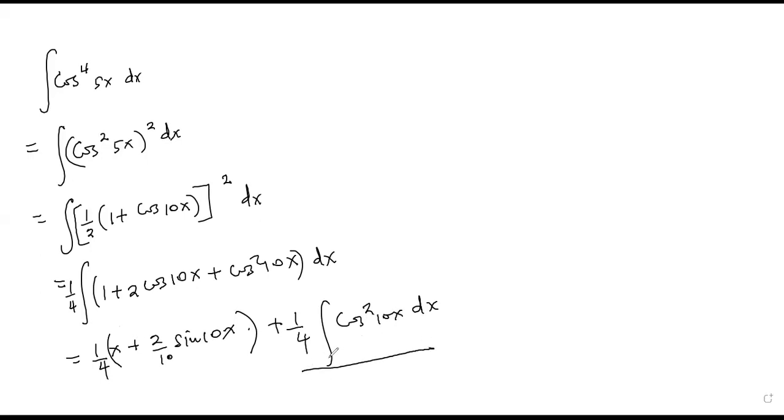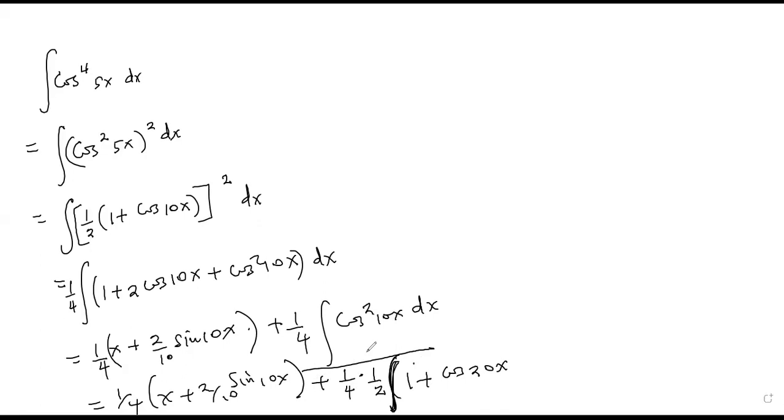Here, you can work on it separately so that your answer becomes a quarter x plus 2 over 10 sine 10x, then plus, now the integral of this is going to be a quarter. Still, we are going to move out a half, so times a half, then the integral, we shall remain with 1 plus cos 20x, because it is a double angle of 10x already, then dx.